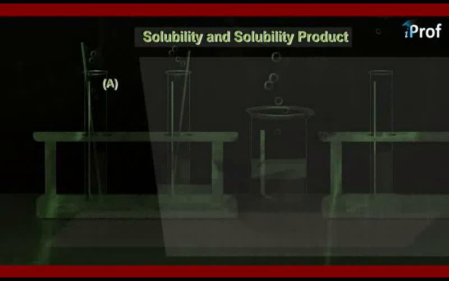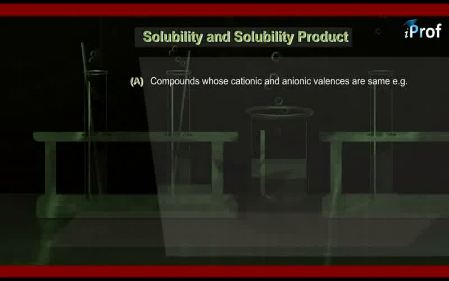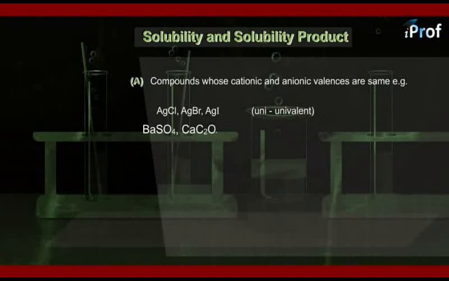First of all, we consider compounds whose cation and anionic valencies are same in the category A. For example, AgCl, AgBr, AgI, they are known as univalent compounds or salts. BaSO4, CaC2O4 as bivalent and FePO4 as trivalent.